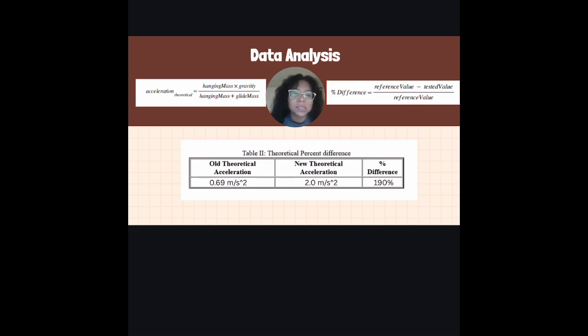And our percent difference is the reference value minus the tested value divided by the reference value. So far we did get a big percent difference of 190. But I believe the increase was also because our mass did change. So therefore, not only our hanging mass, but also our acceleration. So all of those play into a factor why there's such a big difference.